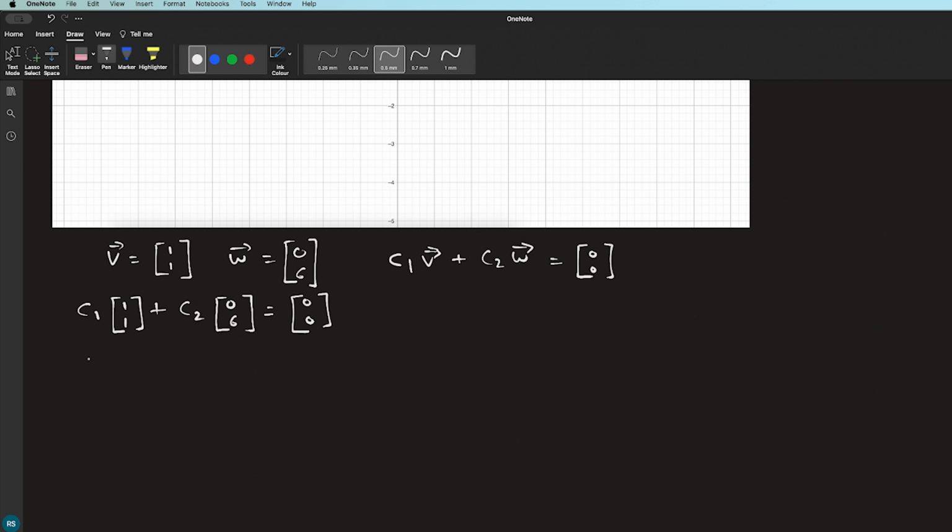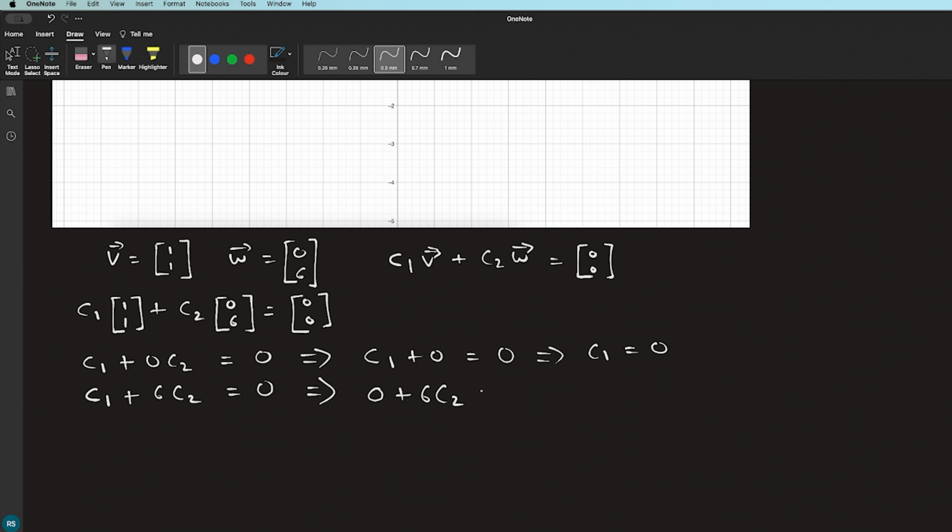So I can write this as c1 plus 0 c2 equals 0 and c1 plus 6c2 equals 0. For the first equation, c1 plus 0 equals 0, so c1 equals 0. Putting c1 as 0 in the second equation, 0 plus 6c2 equals 0.